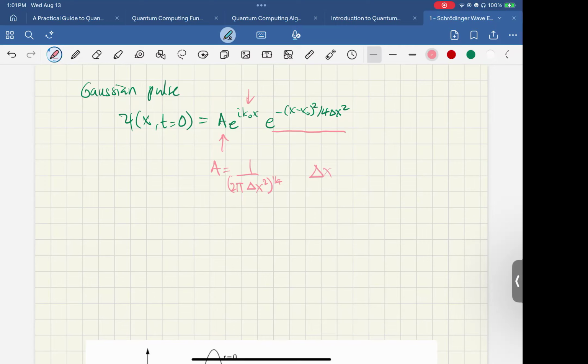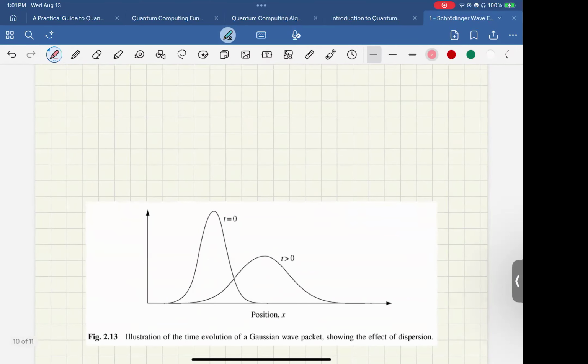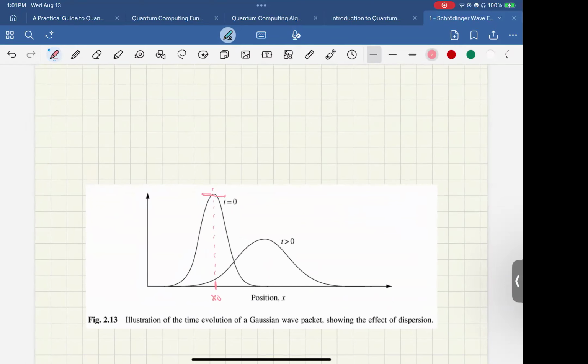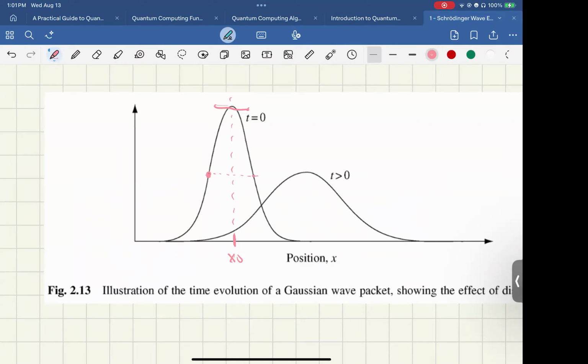So yung delta x na yan is the standard deviation. But for a Gaussian pulse, ang gagawin nyo dito, ito ngayon yung kanyang average position, x naught, and then kunin nyo yung maximum value, hanapin nyo yung f value, and then alamin nyo to, saka yung points na yan, yung difference na yan yung delta x.